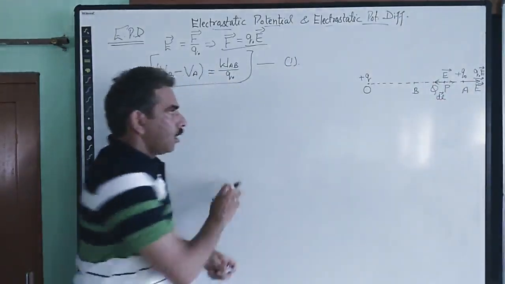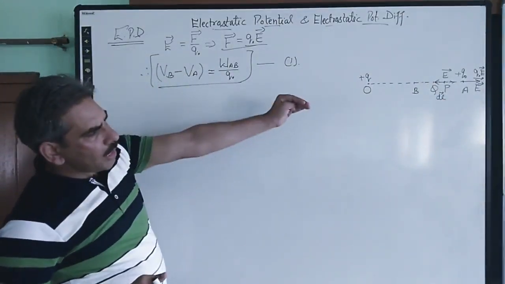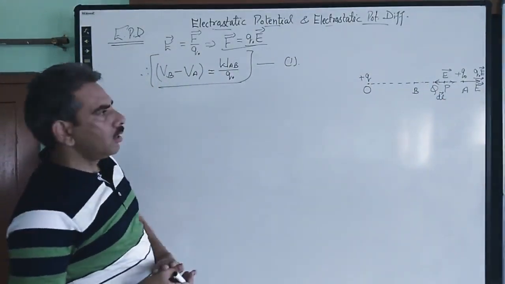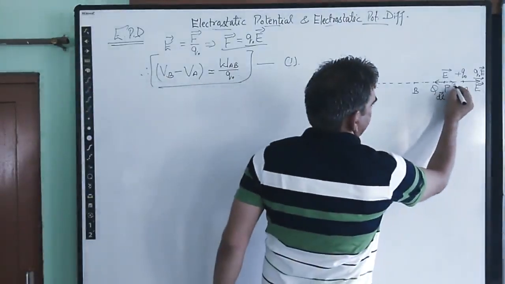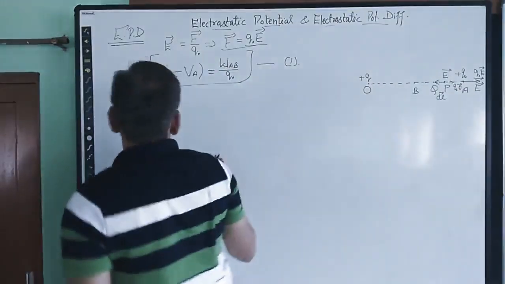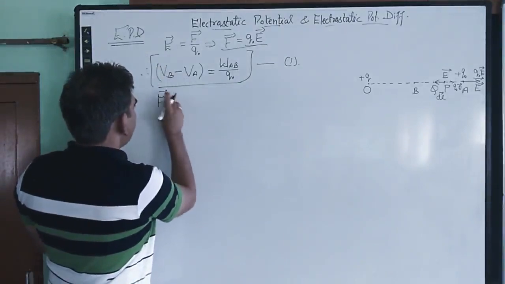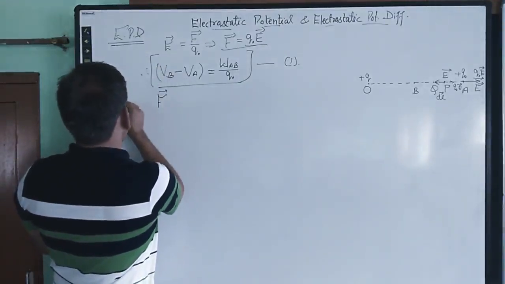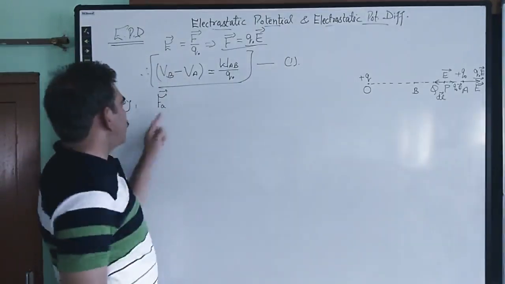We are applying a force which is approximately equal to the force applied by this electric field. The force applied by the electric field is q naught E, which is away. So therefore we have to apply a force, this is the force we are applying.